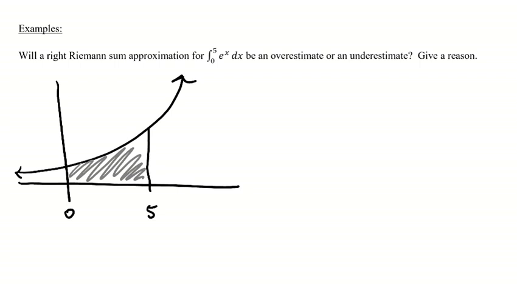Yes, it's going to be an overestimate. And what reason would we give? The function is increasing. Okay, so I strongly recommend to draw a one sub-interval Riemann sum. Draw the rectangle. Okay, right Riemann sum overestimates.